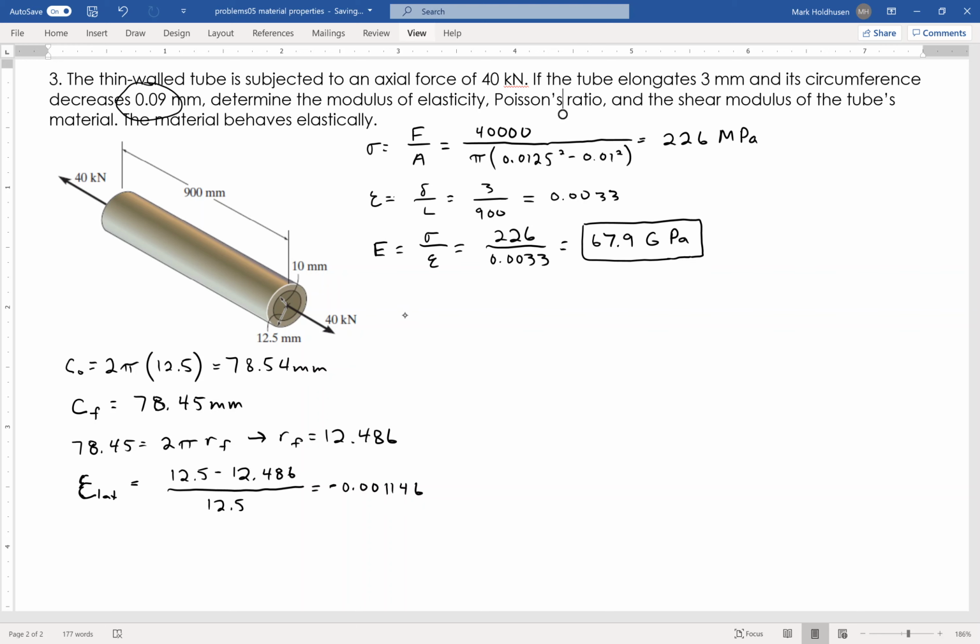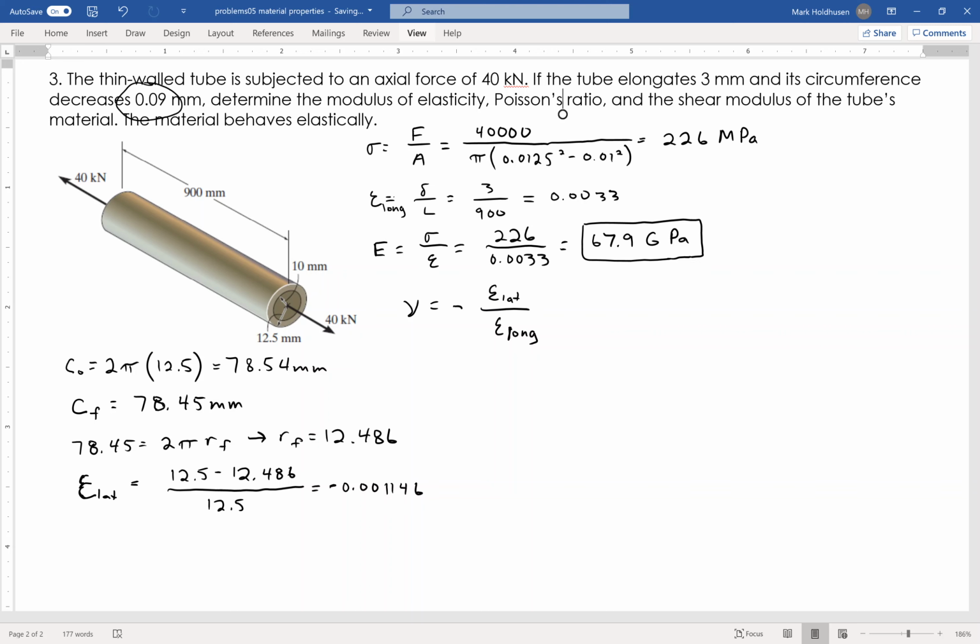So from that, I can then figure out Poisson's ratio, which is negative lateral strain over longitudinal strain, which is essentially what I've got up here, right?